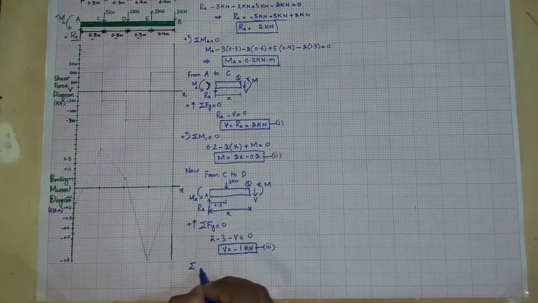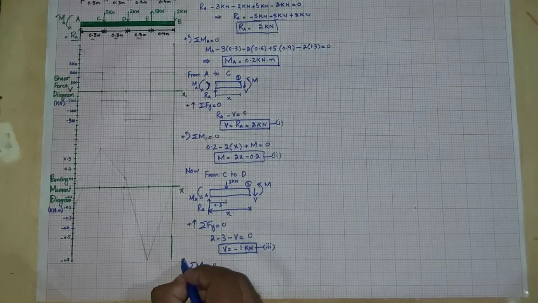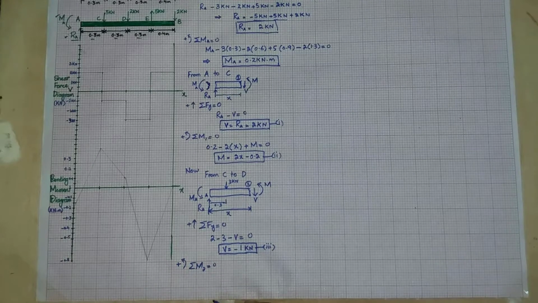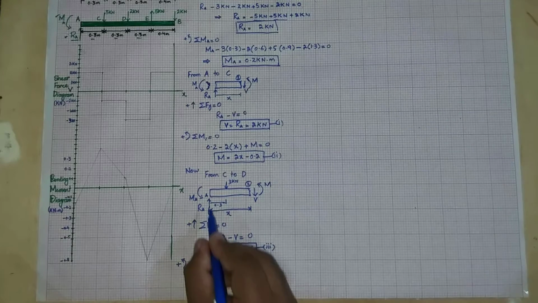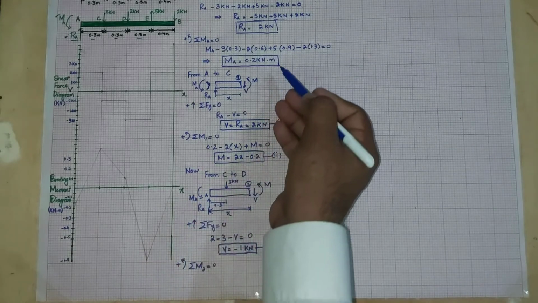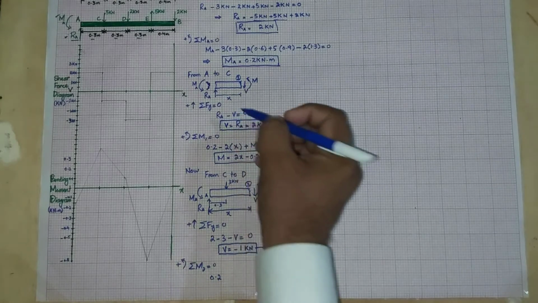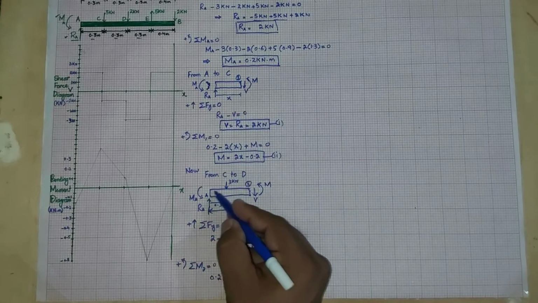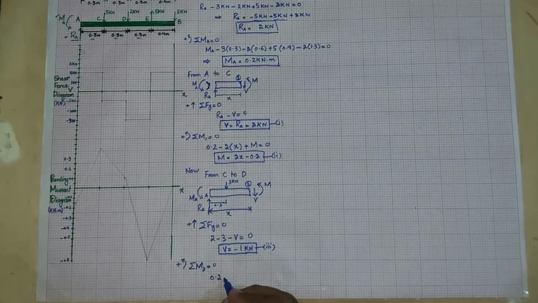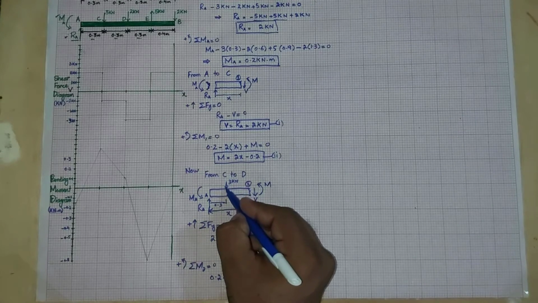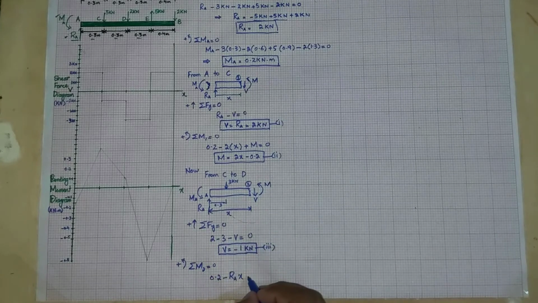Now sum of all moments about point 2 is equal to 0, and counterclockwise moment is positive. Clear? So you can see there is a moment which is 0.2. So again this is plus because it is counterclockwise, and now this force RA into x is producing clockwise, so minus RA into x, and this force is also producing a rotation in counterclockwise direction.